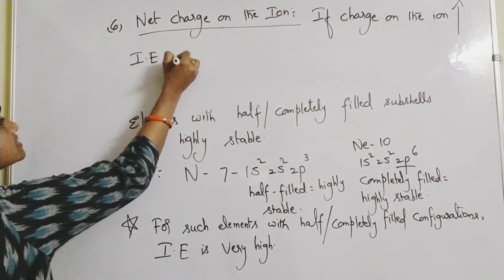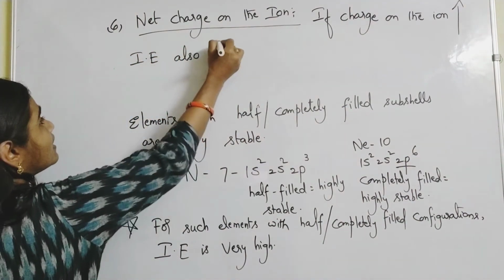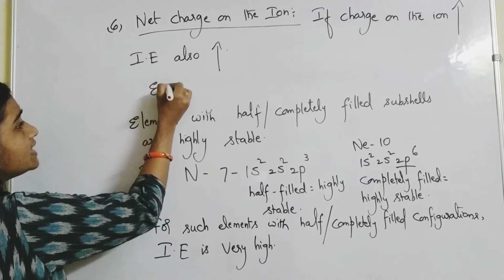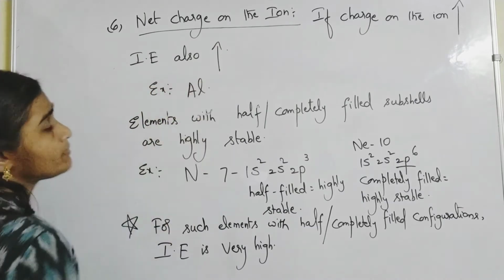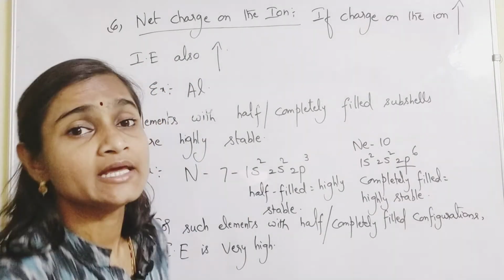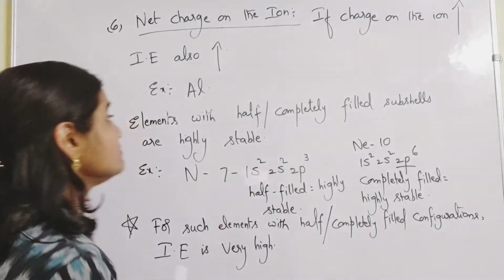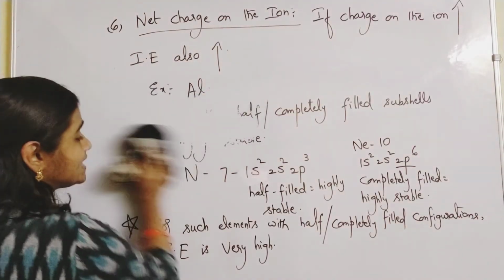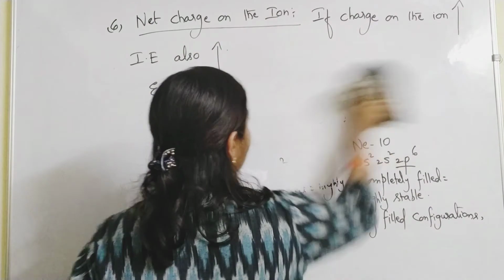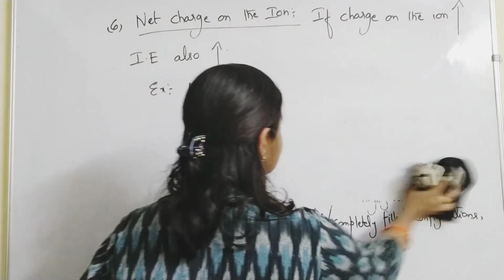If the charge on the ion increases, ionization energy also increases. For example, you can take the example of aluminium. Aluminium's atomic number is 13.